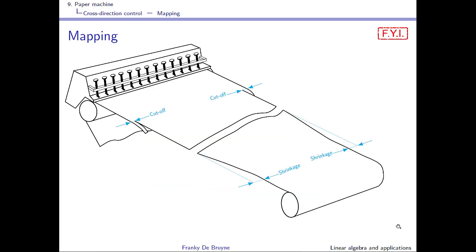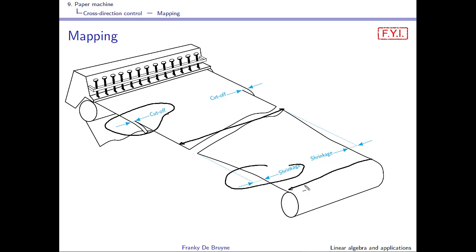So here you see things visualized. Remember the cutoff, which is something that you have seen in the video about the paper process, and here you have the shrinkage. So this means that, for instance, the width of the paper over here is different to the width of the paper over here.